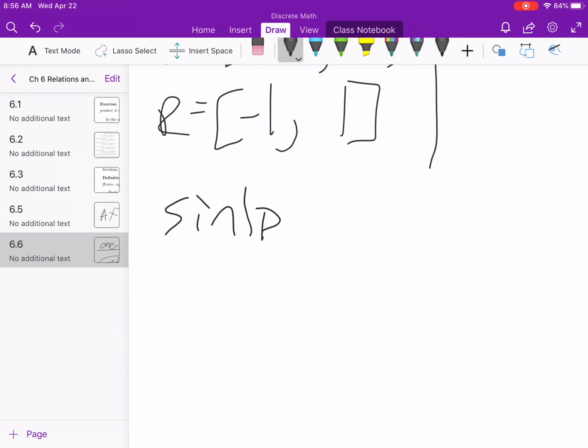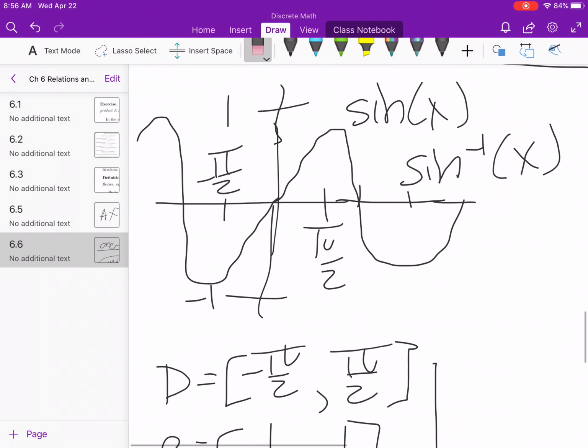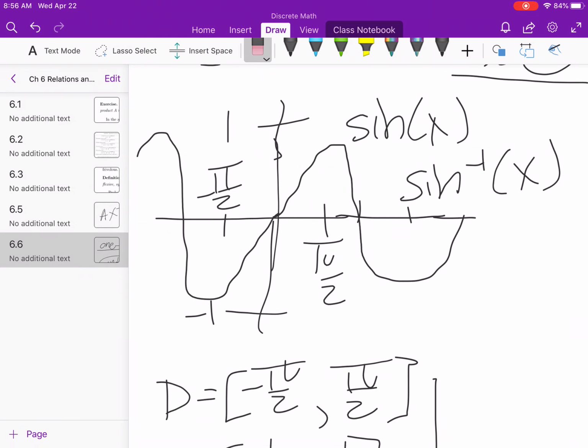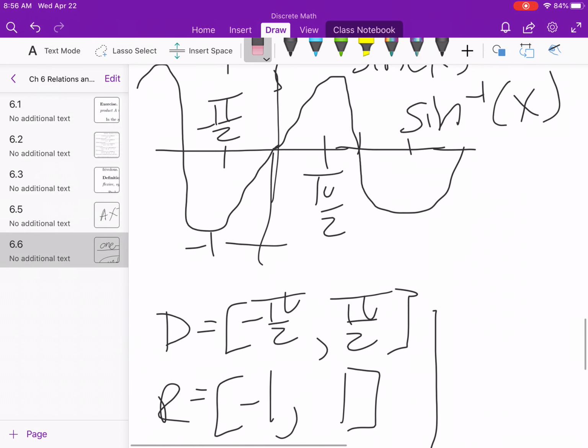So I could take any number from negative 1 to 1, and I can find what the inverse value is. Notice at negative 1, that's negative pi over 2, and at positive 1, that's pi over 2.